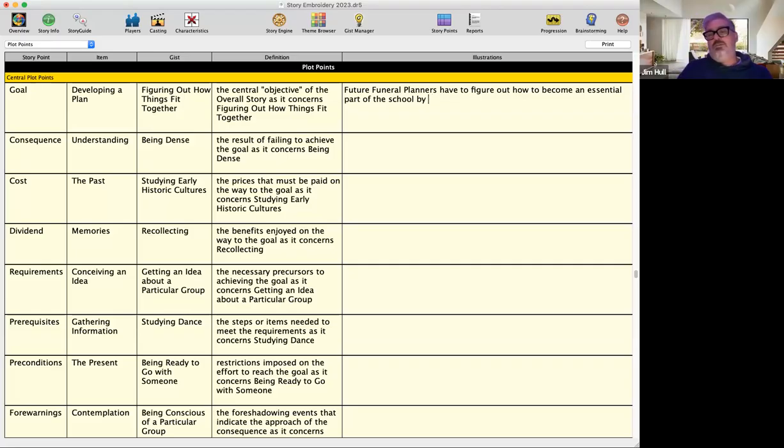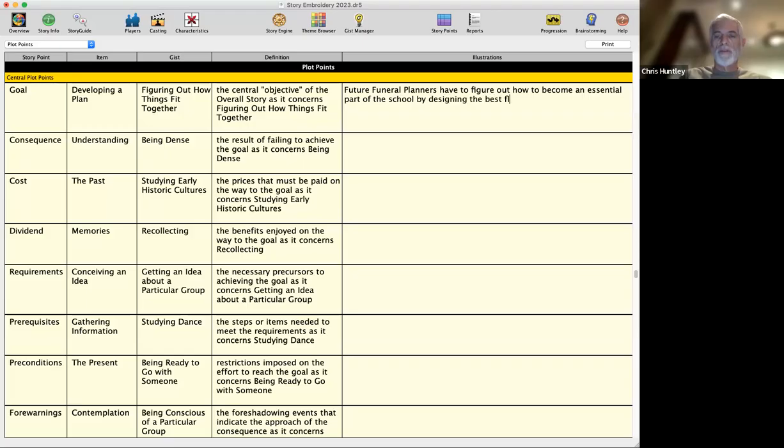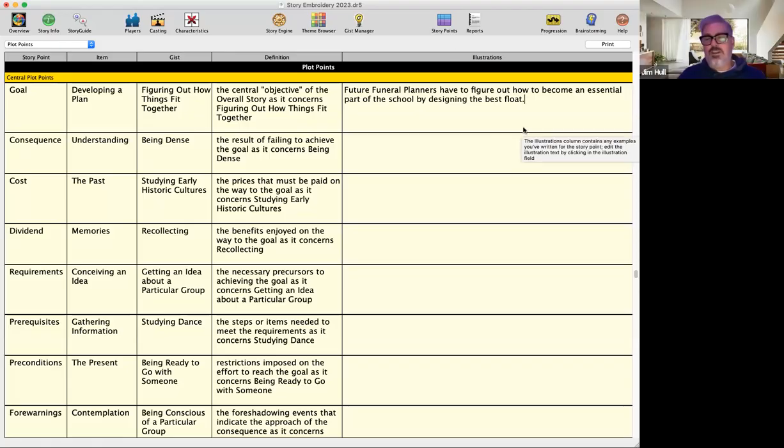And the best float, whoever has the best float gets her money. That was what I was thinking. By designing, with that developing a plan part. They'll have different ideas of how he should be remembered, and then craziness ensues.